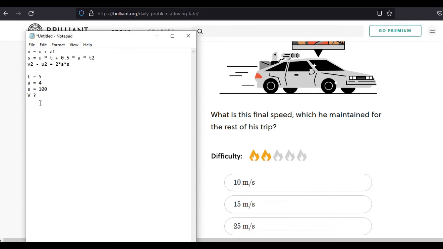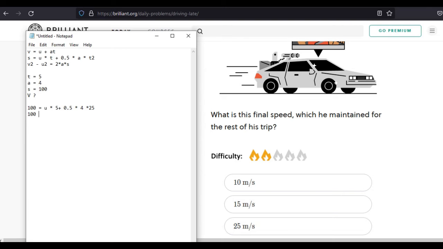S is equal to ut plus half at square. So s, which is 100, u we do not know, t is 5, half, a is 4, t square is 5 into 5, 25.